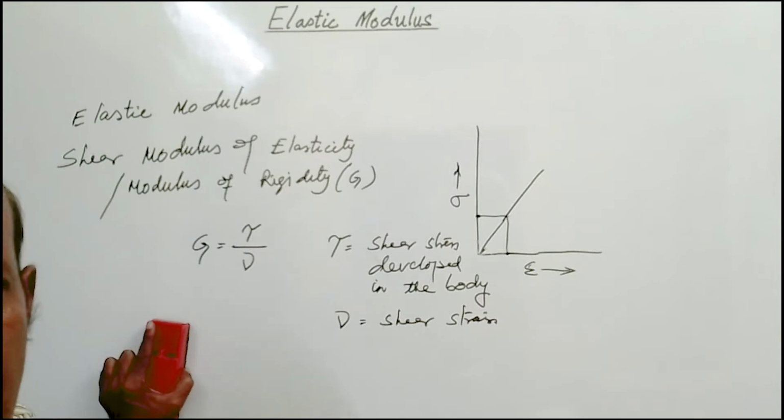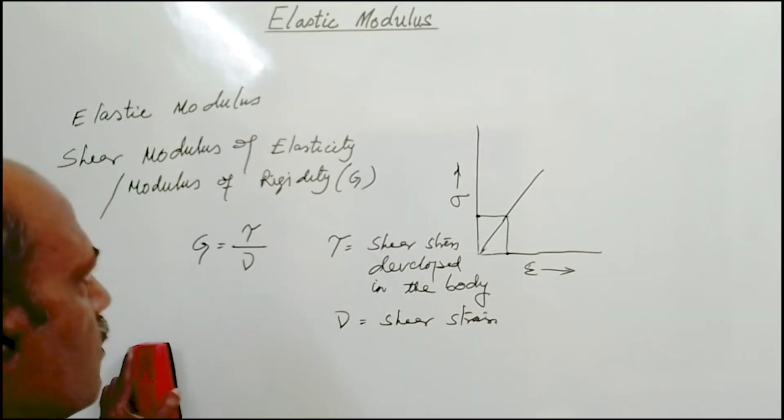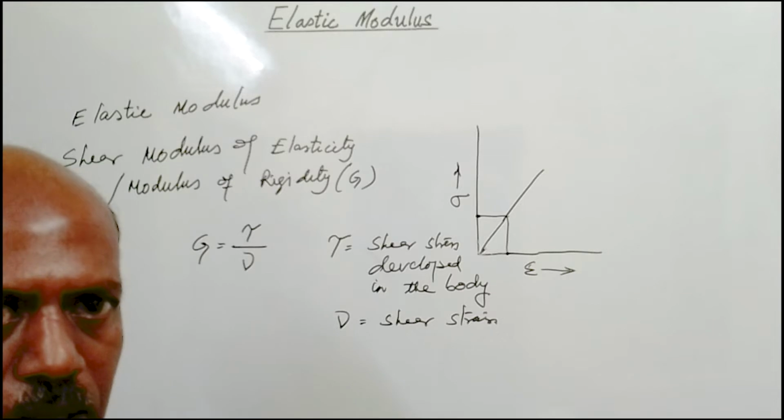So the ratio of shear stress to shear strain is called modulus of rigidity or shear modulus of elasticity.